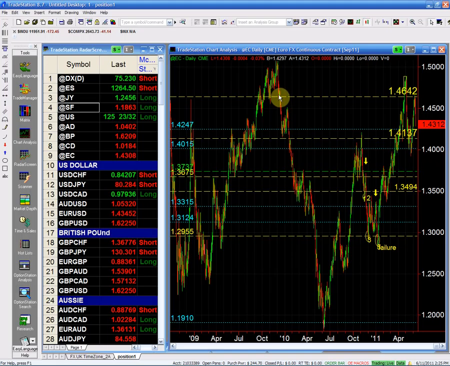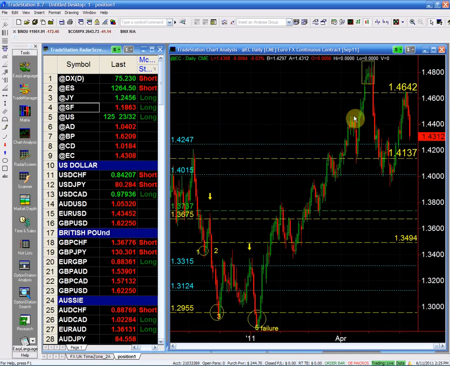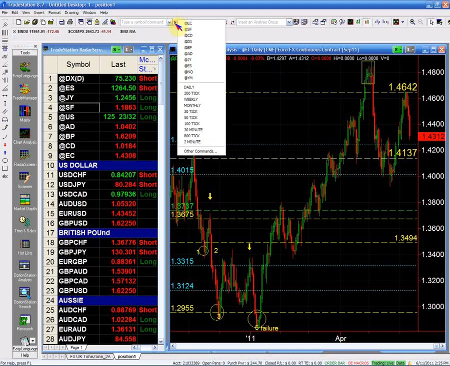So if I'm going to organize and choose my pairs, I would be looking initially to be a buyer of the dollar pairs. So I'd be looking to be a dollar buyer. I'd be looking to be buying the Swiss.